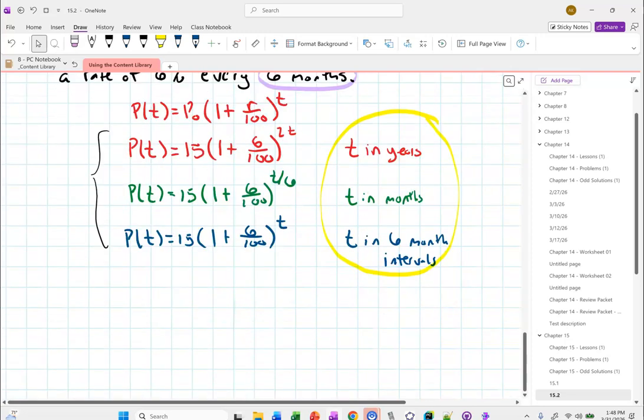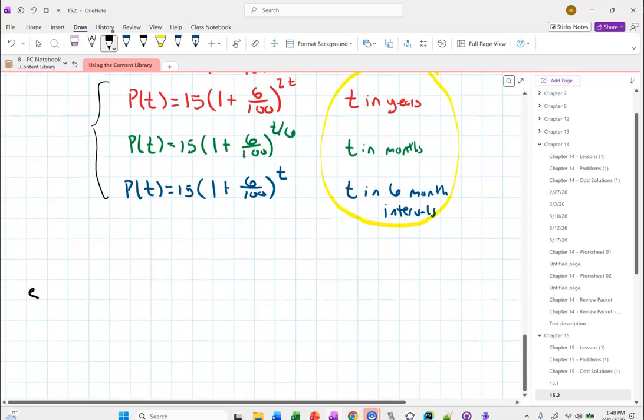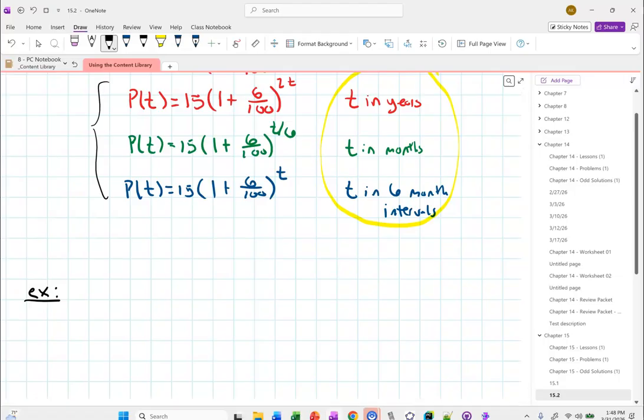Okay. Let's do another example here where we ask you to write the model and then answer some question based on your model.